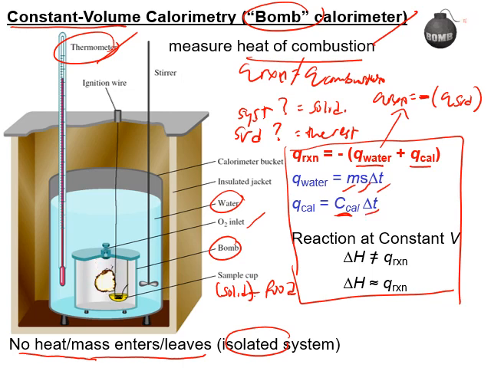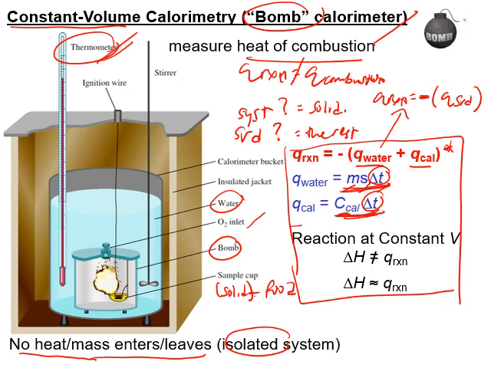The delta T here is also measured by the same thermometer, so these two delta T will have the same value. You need to remember the formula: whenever you use Q water, you must use m s delta T, and for Q cal, you must use C delta T.